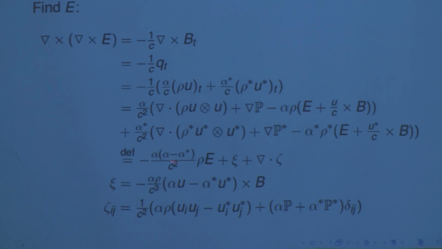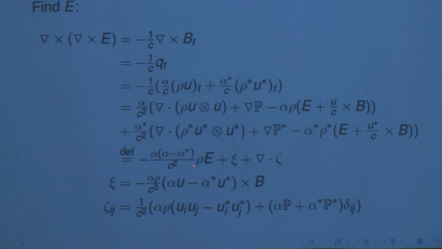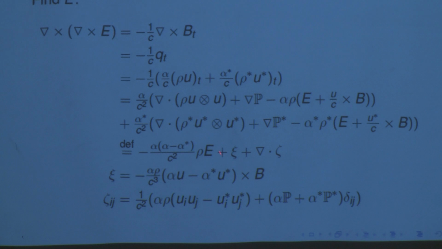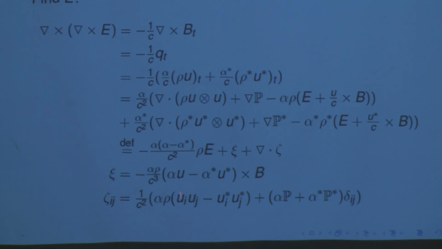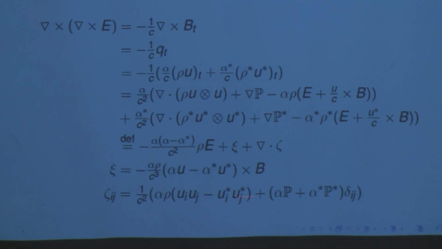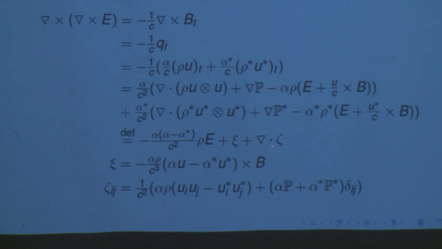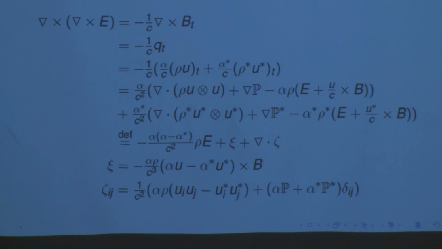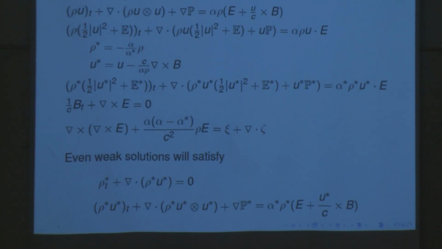So we get a boundary value problem for the electric field here, which is elliptic, but not uniformly elliptic. And there's a regularity problem because for weak solutions, these xi and zeta here are not going to be continuous. There are derivatives here, and it's not at all clear that the singular part of this guy in particular can be matched with the singular part of this. So solvability of this problem for E is by no means clear.